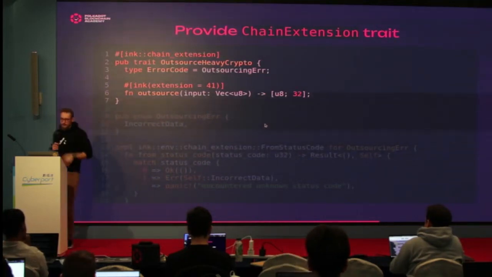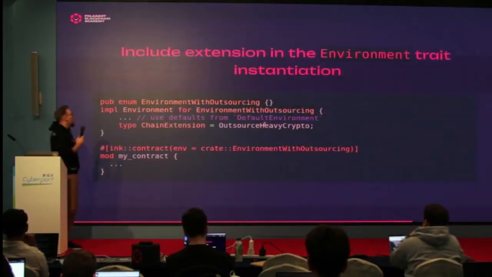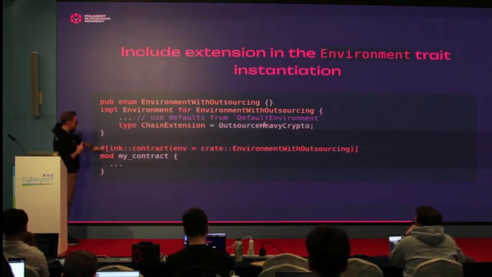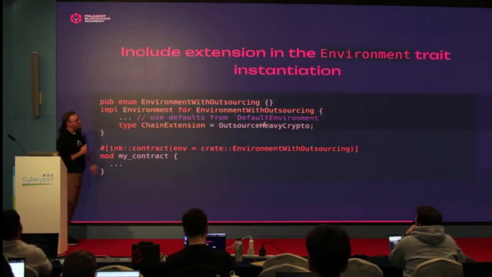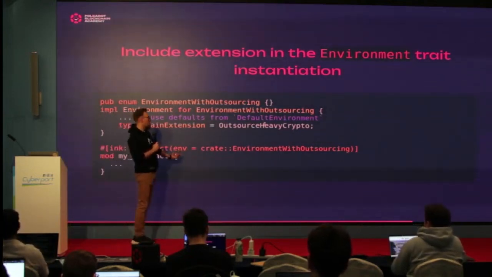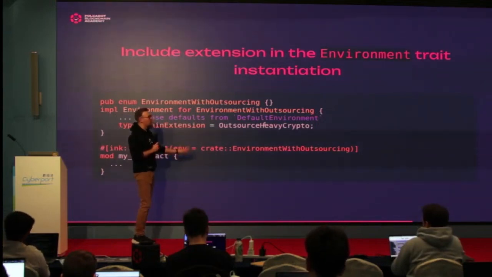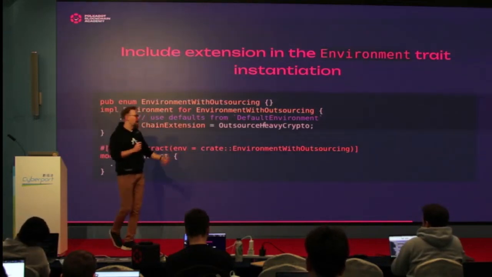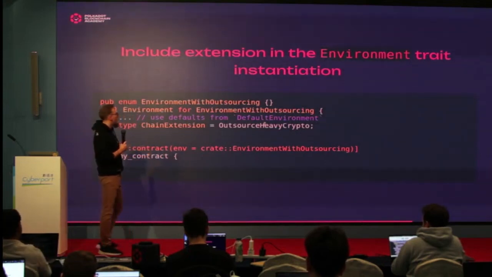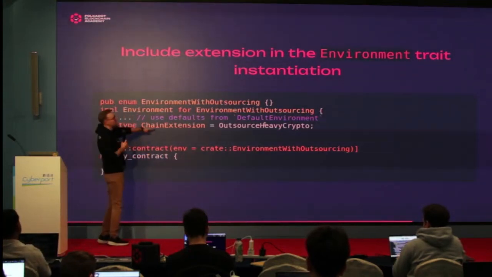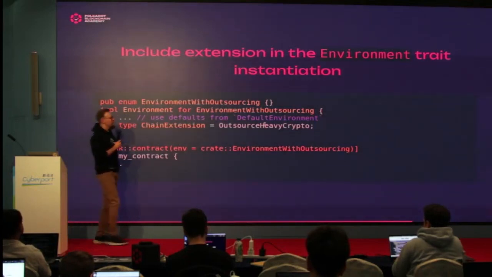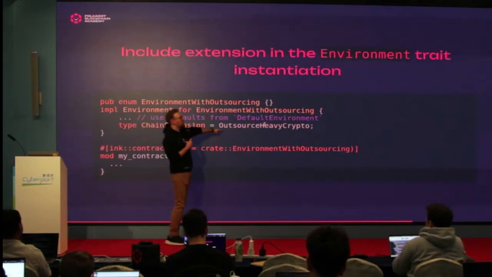How can we use this? Well, when we write our contract, in this ink contract macro, we have to pass a special argument, environment. Environment is some abstraction over things that we can expect from the runtime, from the state transition function. And one of them is this chain extension type. And this is just the trait that we've seen.